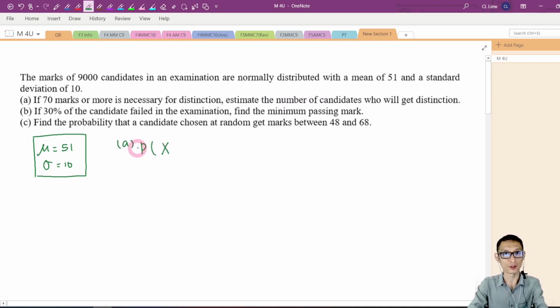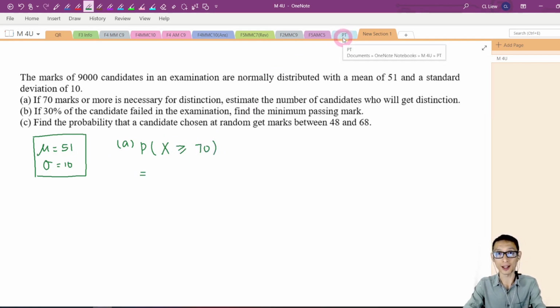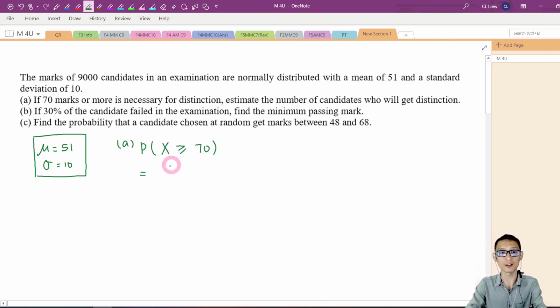It is x, not z, because this is not a standard normal distribution. So the probability for x greater than or equal to 70. We cannot get the answer from our table yet because this is not a z value. If you are using a calculator, then you can. I'm going to show you how to use the calculator to get the answer.